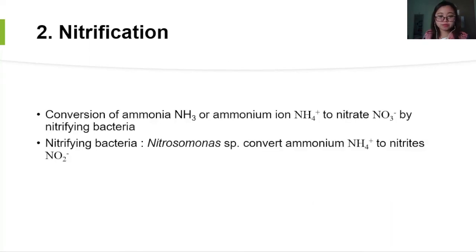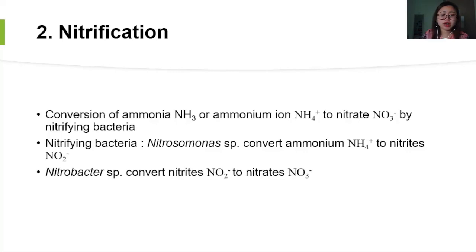Nitrifying bacteria that can do this is Nitrosomonas species, which will convert ammonium to nitrites. We also have Nitrobacter species, which convert nitrite to nitrates. And of course, there are also other bacteria out there that could do nitrification, but in your syllabus and based on the diagram that I was teaching you with earlier, we only learned about the Nitrosomonas and Nitrobacter species.